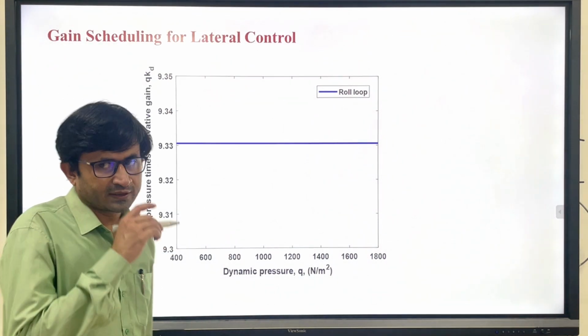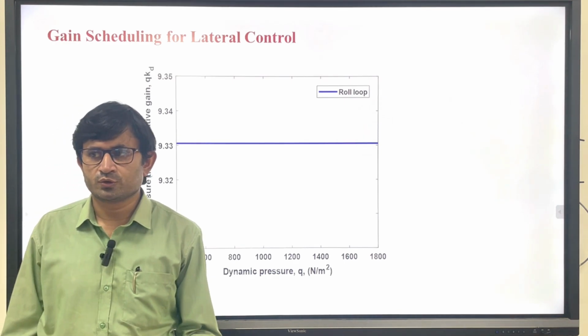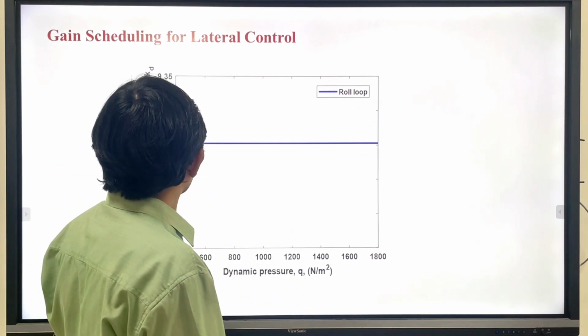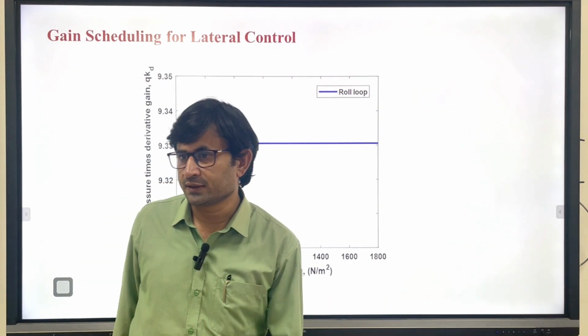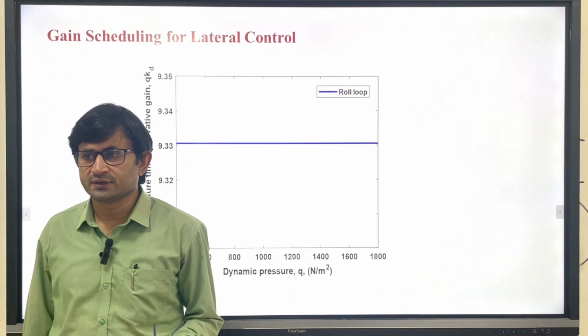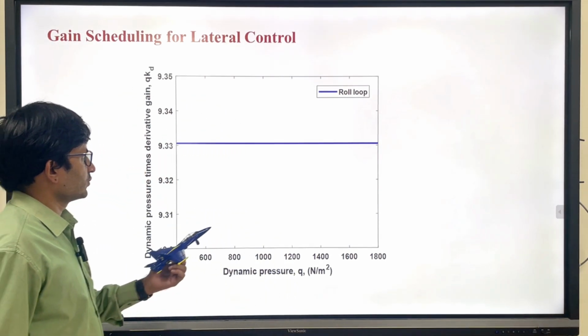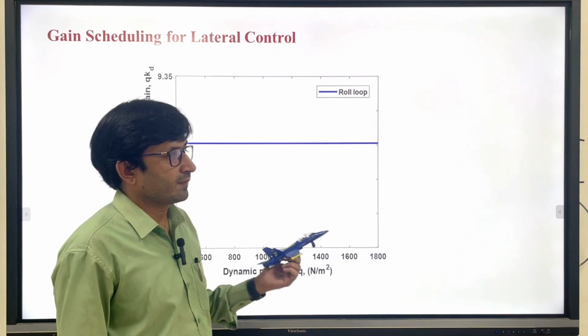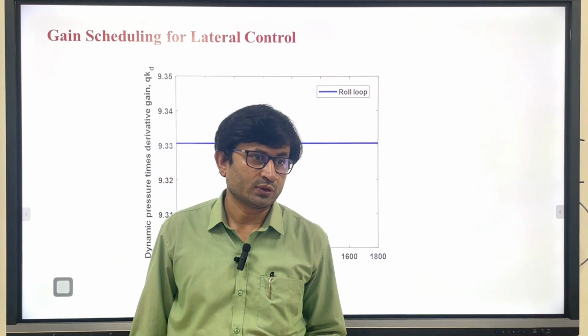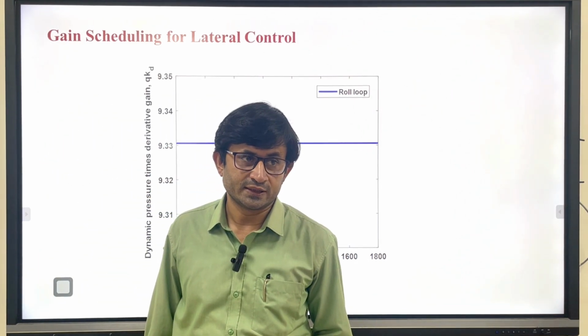As we have done in the longitudinal case, we have to make sure that the gain times dynamic pressure is constant, because in the longitudinal case we saw dynamic pressure based gain scheduling. If you want to know how I plotted this, you can go back to my aircraft longitudinal autopilot design lectures.